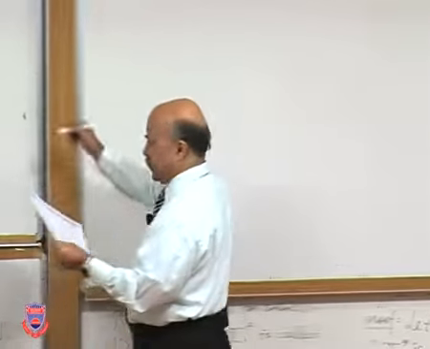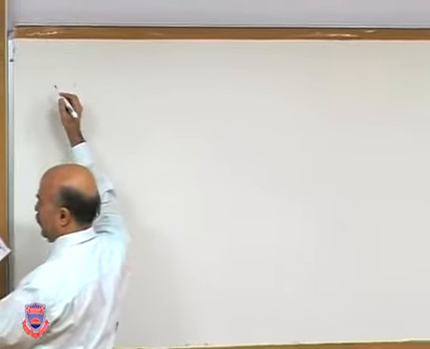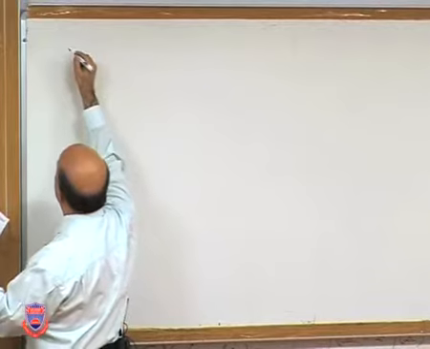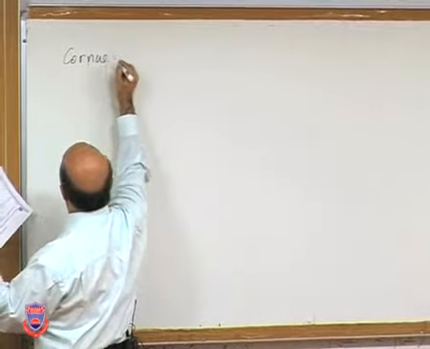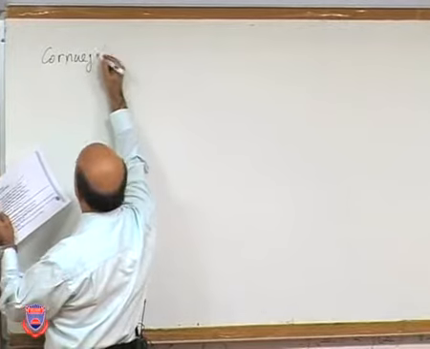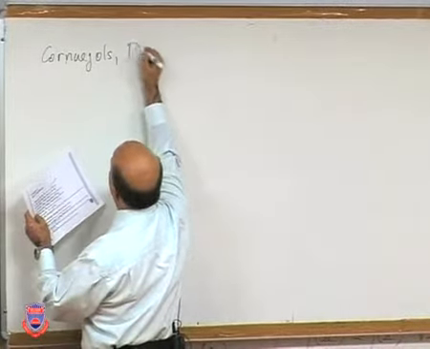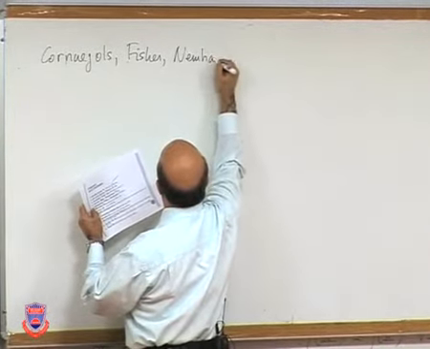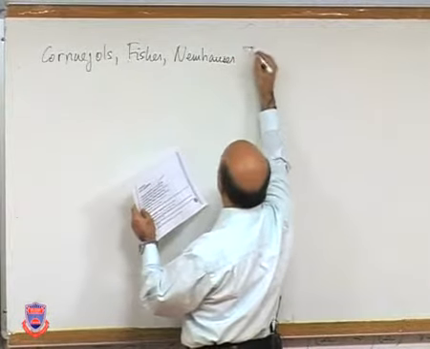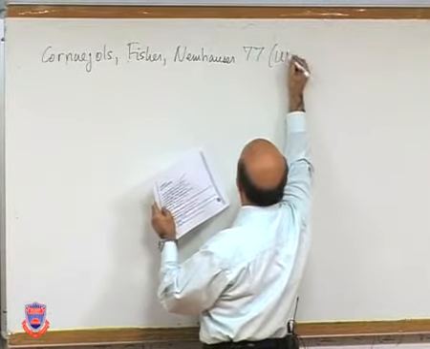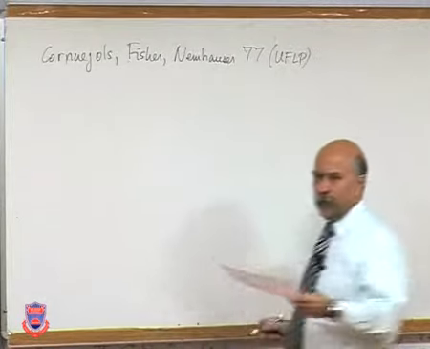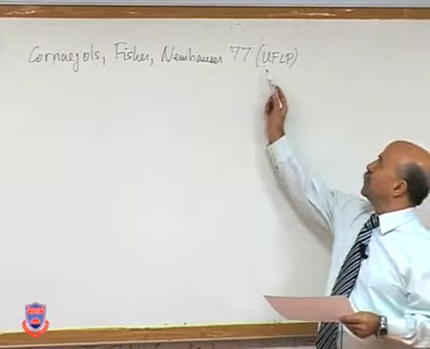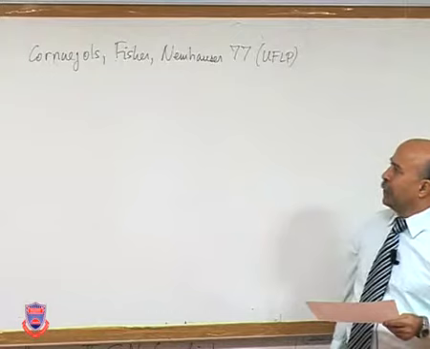Let me put down a few things here before we go into the other stuff. First of all, it's good for you to know that Cornuejols, Fisher, and Nemhauser solved the uncapacitated facility location problem quite efficiently back in 1977. Actually, the initial solution was developed by Erlenkotter.